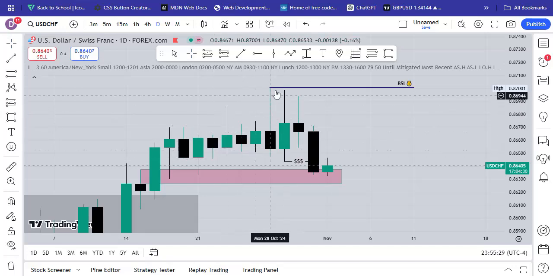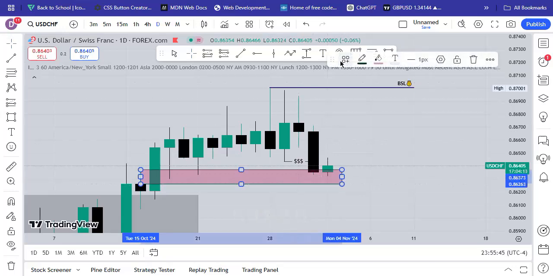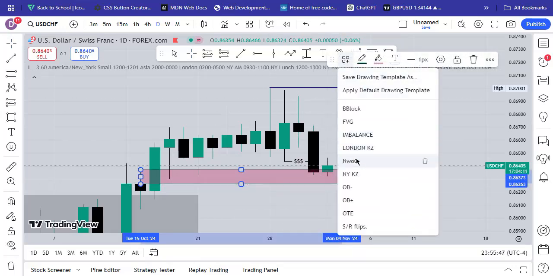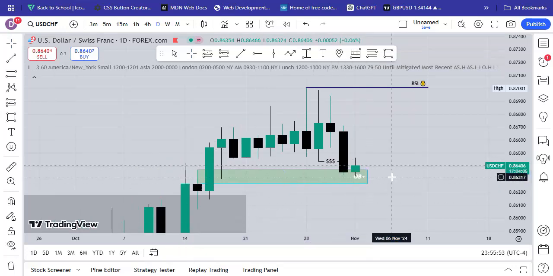We took out this high, or we created an equal high, a daily equal high, which is too clean. Then we came down, taking out this low, and also this candle's low right here. We're still in our bullish order block. To me, it means that we could see a rally in price.